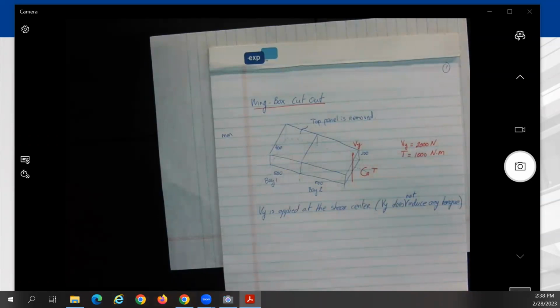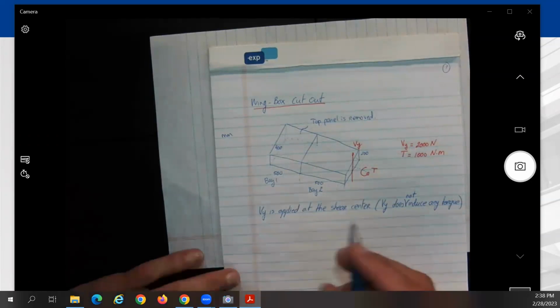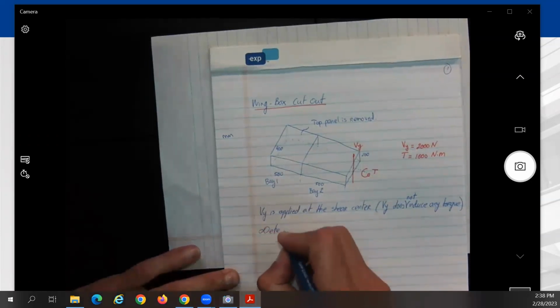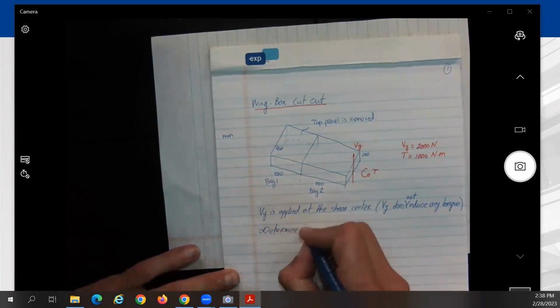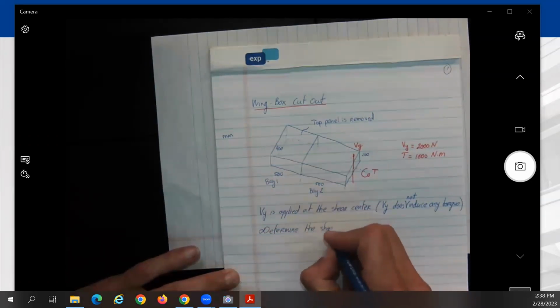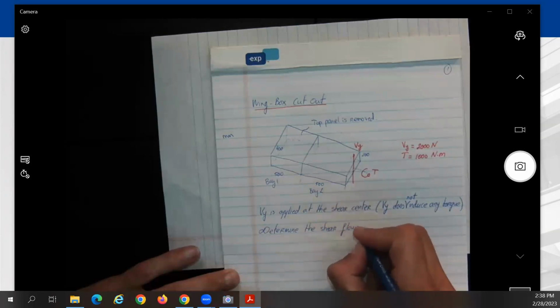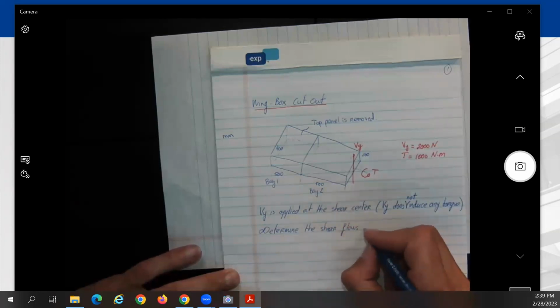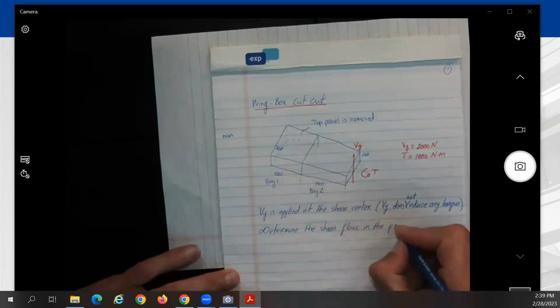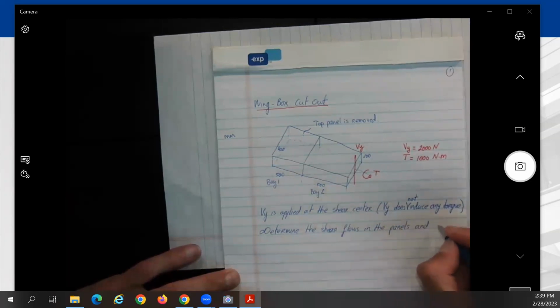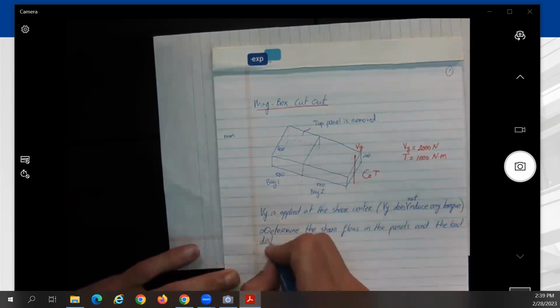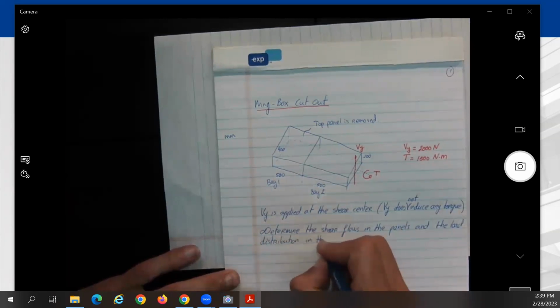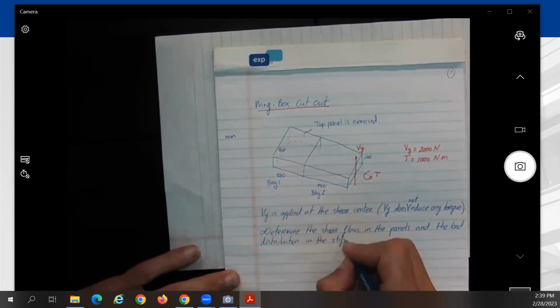Okay, so that's it. Let's see what's happening. What we need to do is determine the shear flows in the panels and the load distribution in the stiffeners.